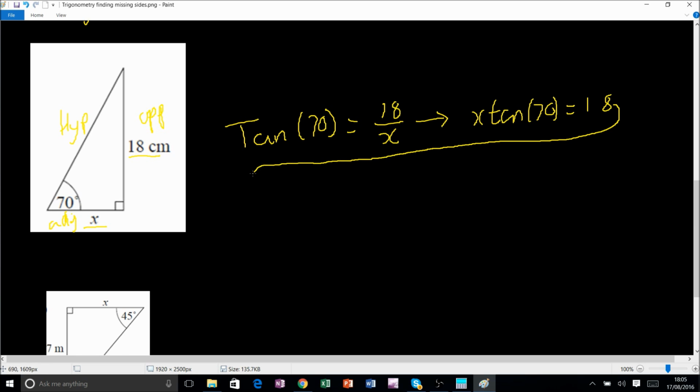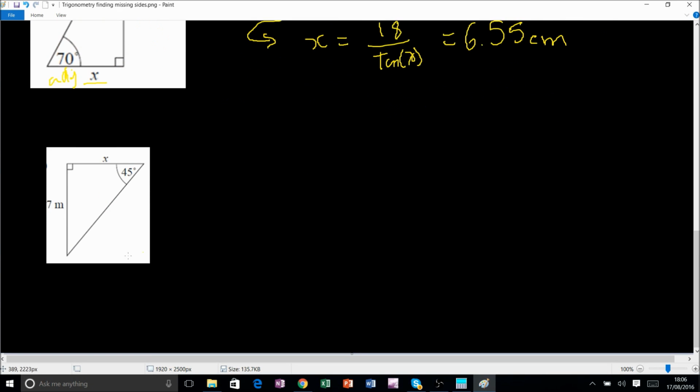And doing further rearranging to get x on its own, we're going to get x is equal to 18 over tan 70. Okay, and that should give us 18 divided by tan 70 is going to give us 6.55. 6.55, and don't forget centimeters. Lovely.